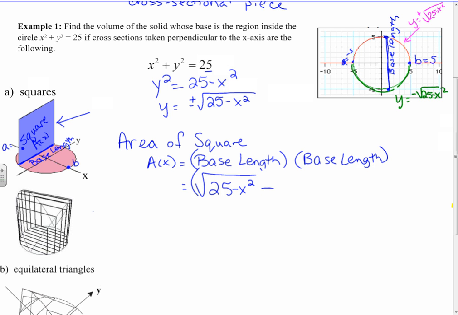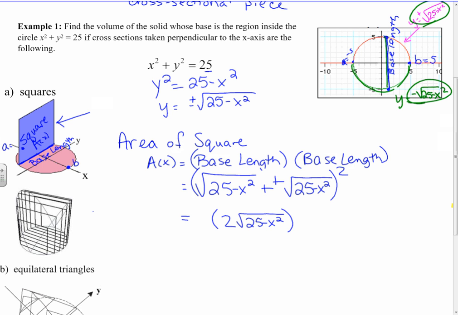The bottom piece is negative square root of 25 minus x squared. And that will represent the total distance across our circle. Top function minus bottom function. And then I'd multiply it by itself. We'll square this. So let's just simplify inside first. I'd have 2 square root of 25 minus x squared when we add them together.